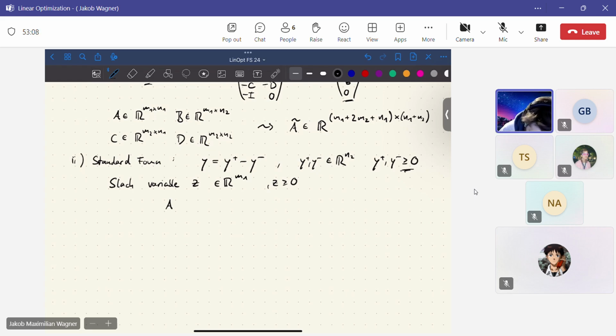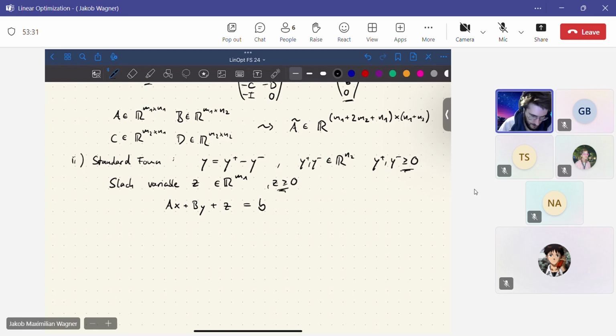And then we have that Ax plus By plus z. So we add the corresponding entry of z to the corresponding inequality, and then we get an equality to b, and this set has a sign constraint.